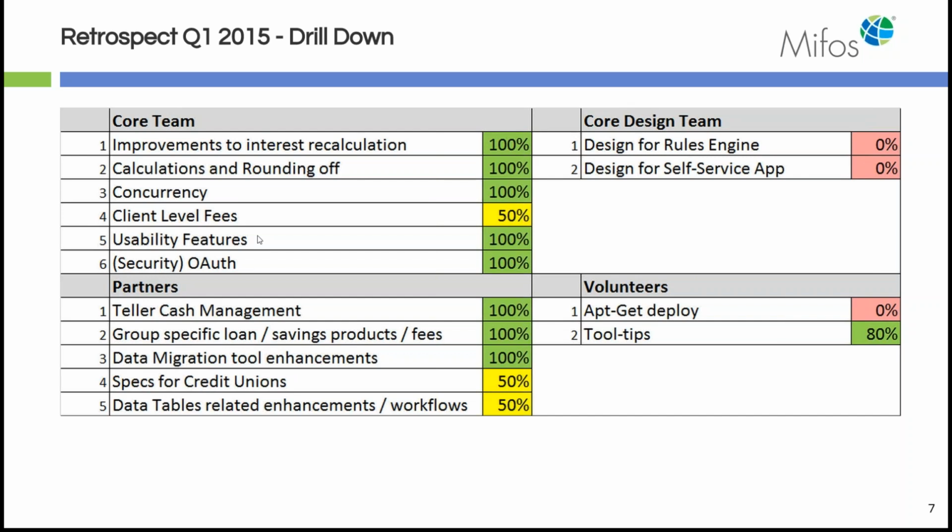And then we got the data tables related workflows and enhancements, which is also halfway there because it seems to be more work than expected. So volunteers, we had huge progress on tooltips. We had some really nice contributions there that allow us to have more tooltips in the community app than before.